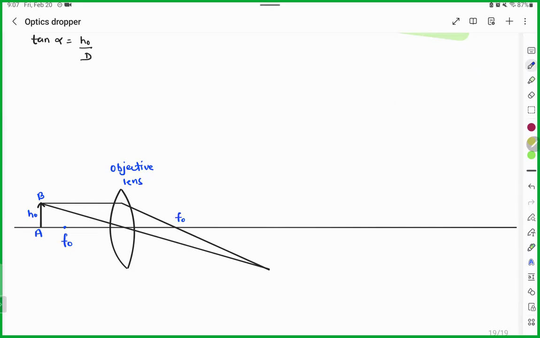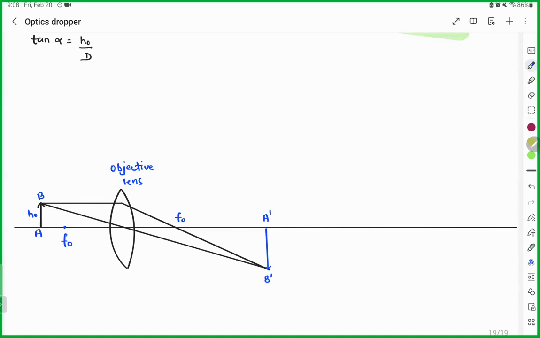If your object is placed beyond the focus, then your image will be enlarged and it will again be beyond the focal length on the other side. So this is the image formed. As you can see, this is a real image, larger compared to the object, and inverted.